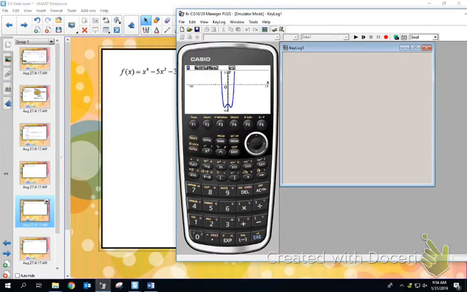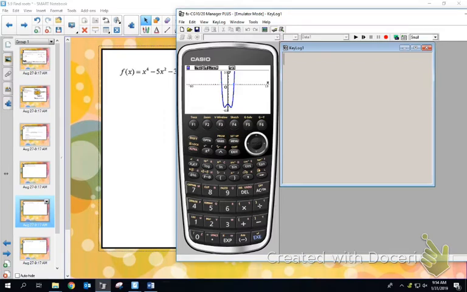So I graphed that. Now, remember we talked about how, because this is 4th degree, there are going to be 4 solutions. But if you look at your graph, there's only 2 on the graph. What that means is that 2 of those solutions are real and 2 of those solutions are imaginary. So we're going to start by finding the real solutions.